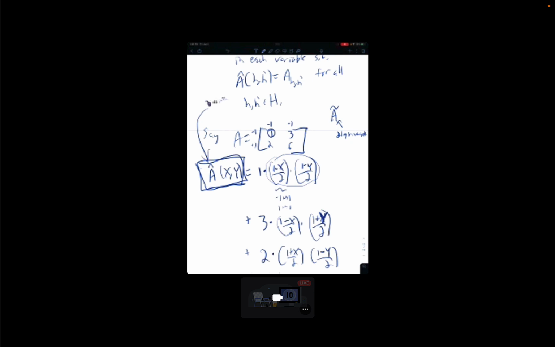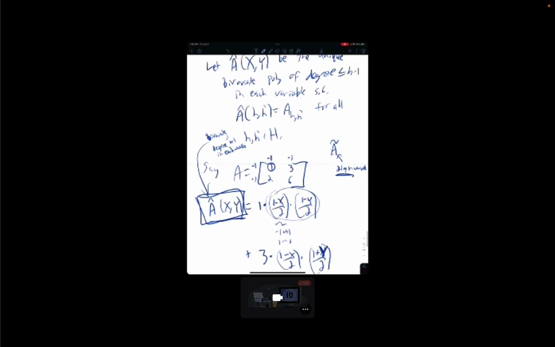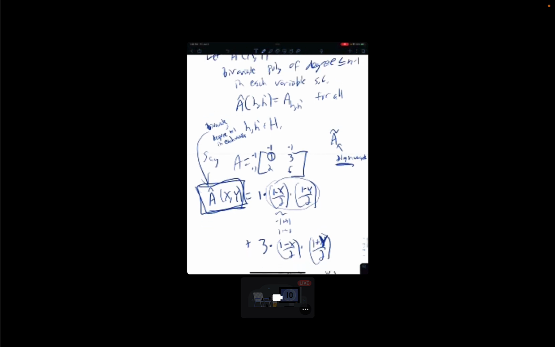And its degree in each variable is not 1, its degree is up to n minus 1 in each variable. Okay, so this is exactly what we've done before. The only difference now is there are 2 variables rather than 2 log n variables. And accordingly, the degree in each variable is much larger. And we're indexing rows and columns not by 0, 1 to the log n, but rather by nth roots of unity. Okay. Any questions?